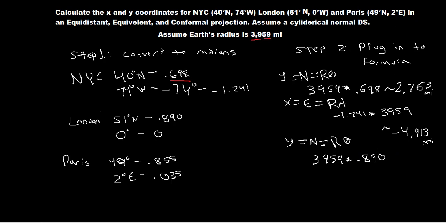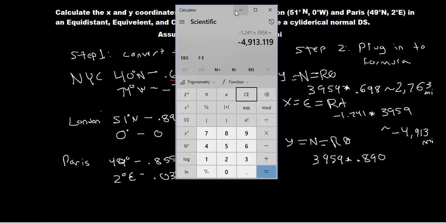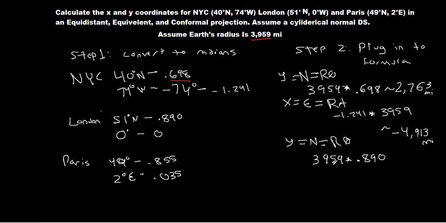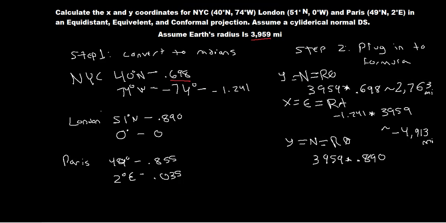So we can bring back our calculator here, and we're going to do the equation again, 3,959 times 0.890. We're going to be approximately 3,523 miles.